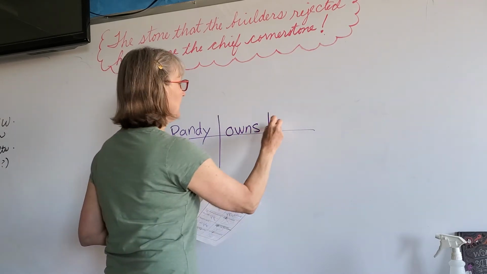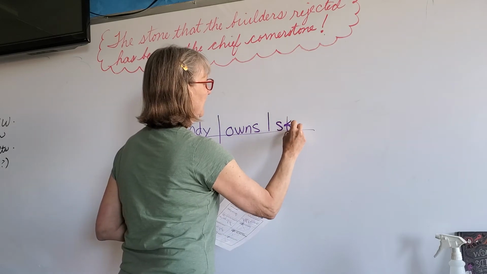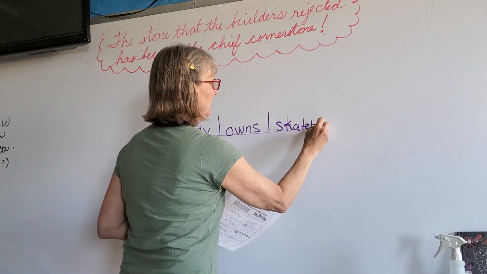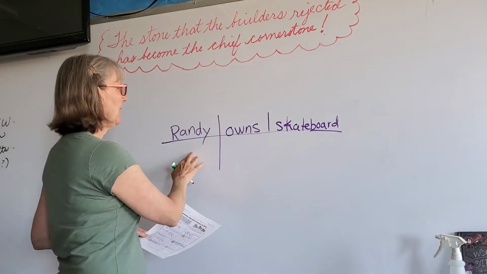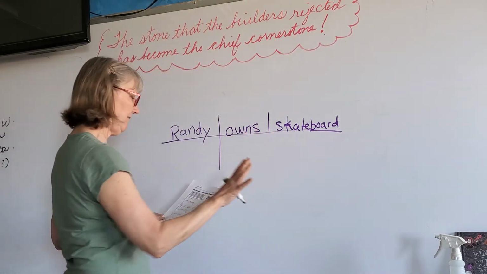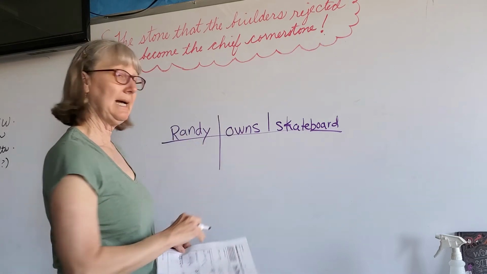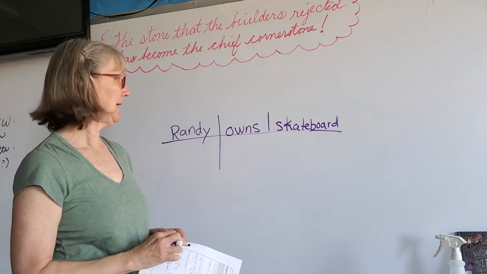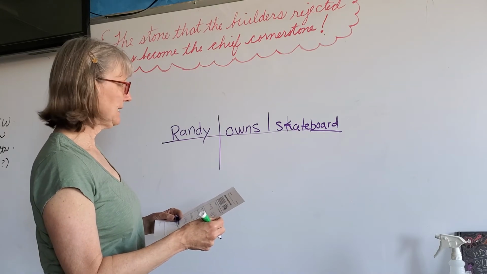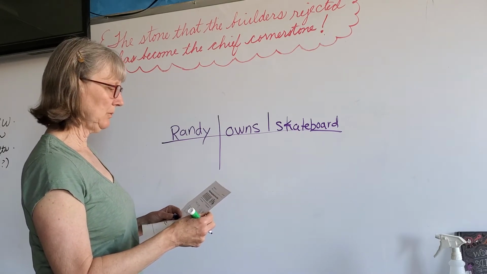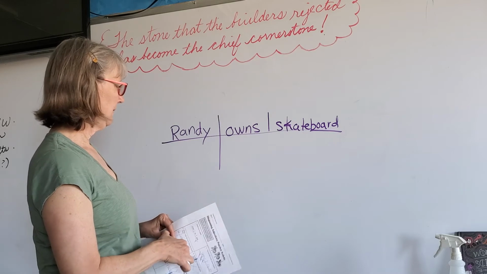Randy owns a skateboard. But we're still missing some words that need to be put on this chart. Randy owns skateboard, but you need to fill in the rest of the words on this diagram. So you have to fill in a, blue, and white.